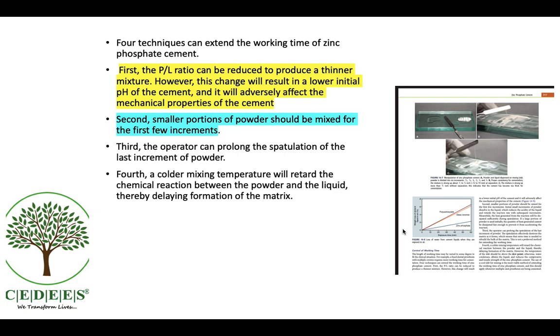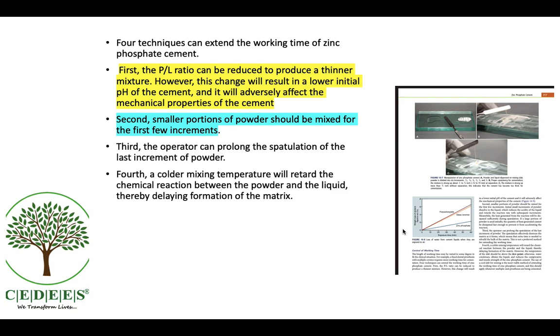So reading the first point, first the powder liquid ratio can be reduced to produce a thinner mixture. So it says to reduce the powder liquid ratio, but this change will result in a lower initial pH of the cement, which will adversely affect the mechanical properties of the cement.